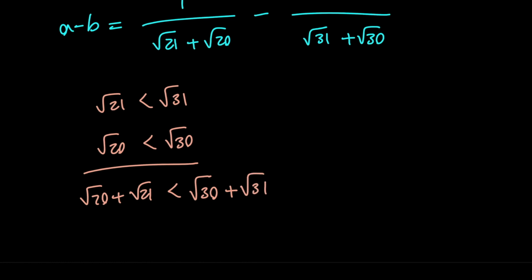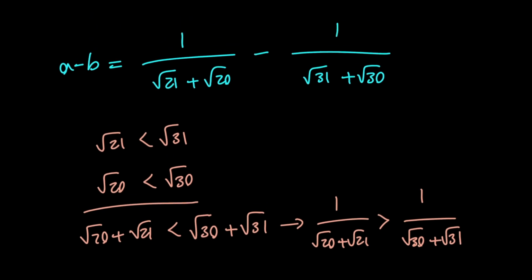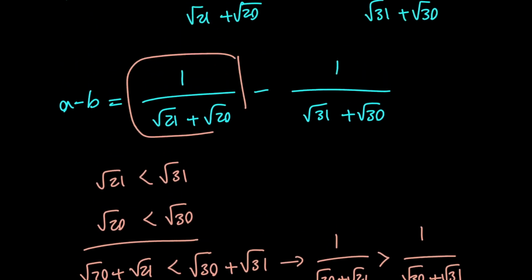Next, if I go ahead and flip both sides, we will have 1 over root 20 plus root 21 is greater than 1 over root 30 plus root 31, which means that this fraction is greater than this fraction. And therefore, this difference is positive. Therefore, A is greater than B.